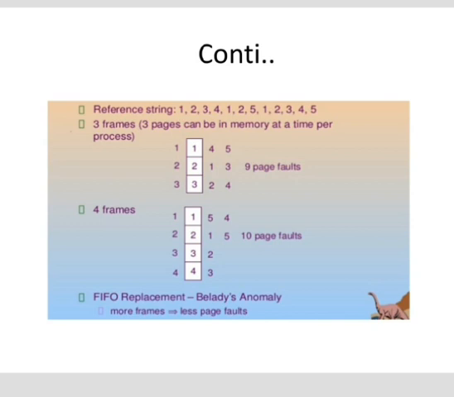So 3 divided by the length of the reference string, 12, so it is 1 by 4, that is 0.25. The first two references cause a page fault and are brought into the empty frames. The third page reference, 2, does not cause a page fault, so the page is already present in the memory.